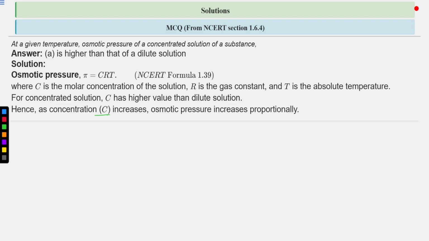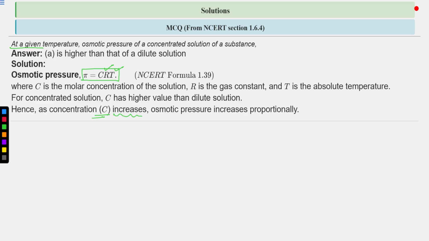Hence, as the concentration, that is C, increases, the osmotic pressure increases proportionally. You can depict this from the given formula of osmotic pressure, pi equals CRT. R is a constant. T you can also consider as constant because in the question it is mentioned at a given temperature. That means temperature is not going to change.